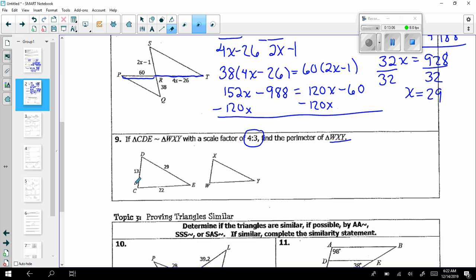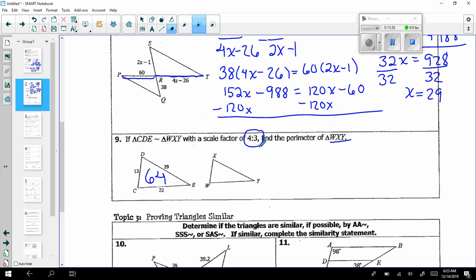Okay, so the perimeter of this triangle is, remember, perimeter is you just add up the sides. So that's 13 plus 29 plus 22. That's equal to 64.